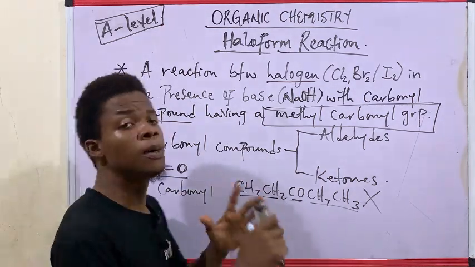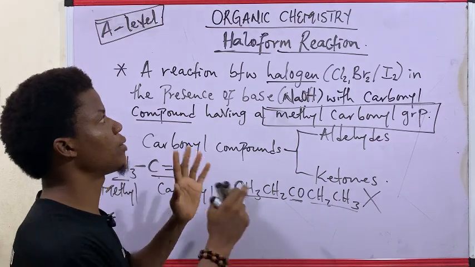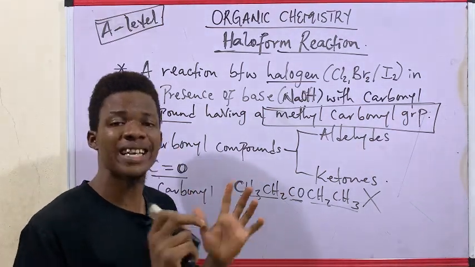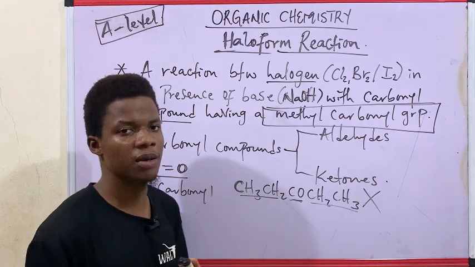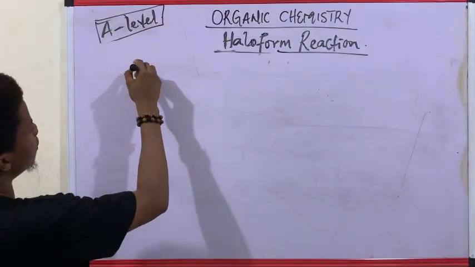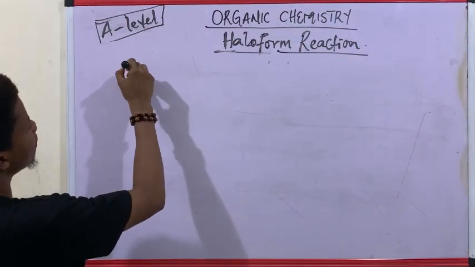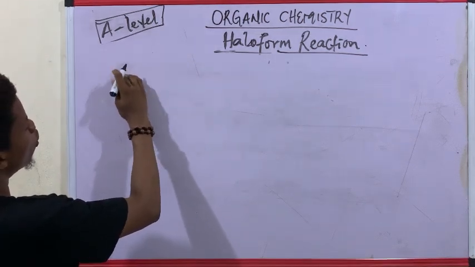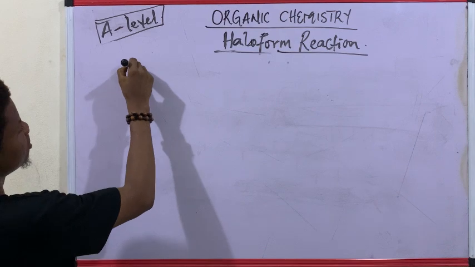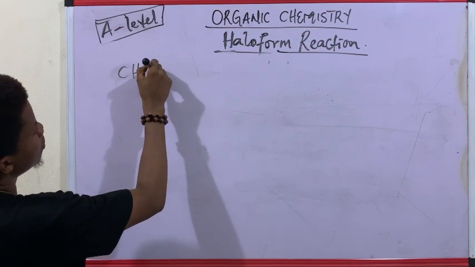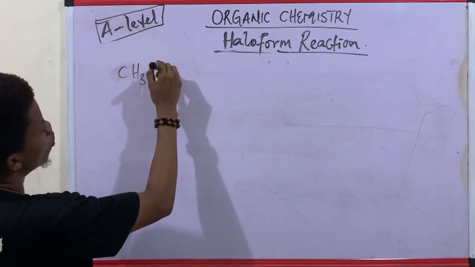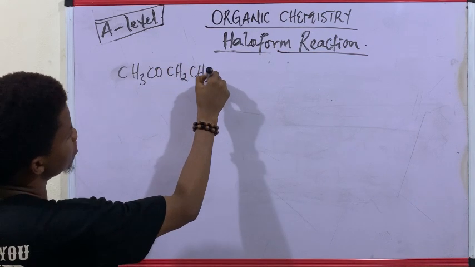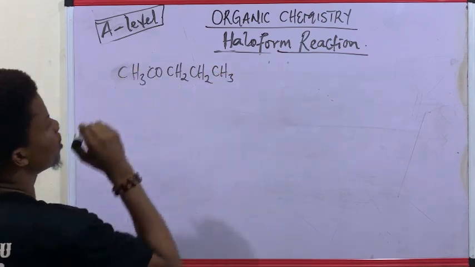Now let's look at a practical example on how this haloform reaction works. Say we have pentan-2-one, for example, that is CH3COCH2CH2CH3.